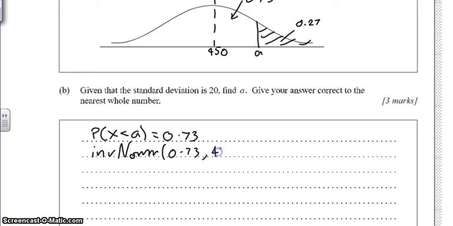Comma 450, comma 20, equals 462.256. Now this is one exception to their accuracy rules, because it says give your answer correct to the nearest whole number, so we'll round that off to 462.